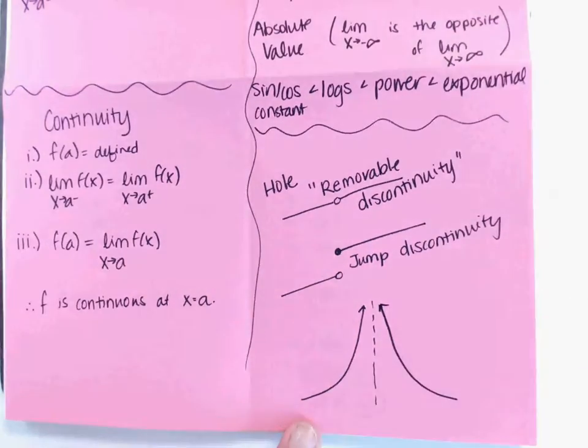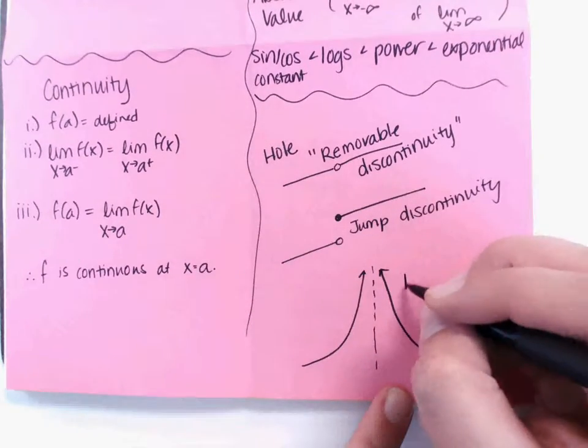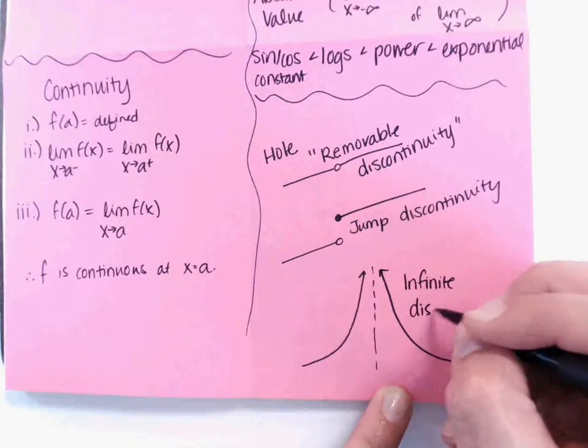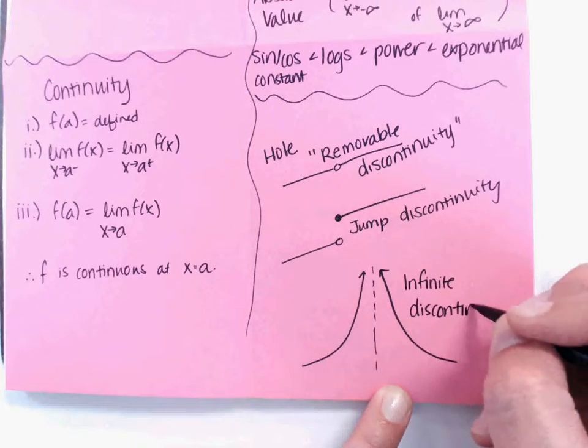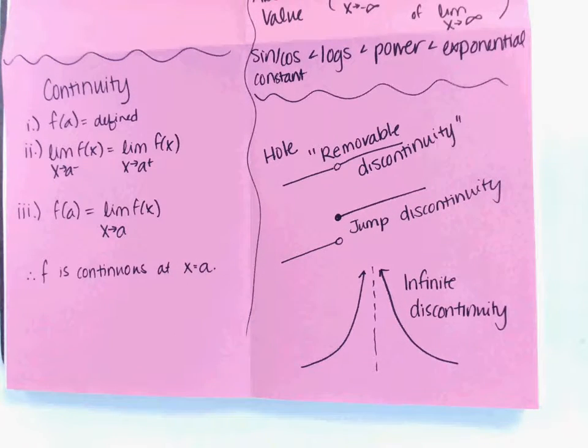So as our graph's getting closer to that line, that's called an infinite discontinuity, because your graph is going to infinity. But remember that for all 3 of those, only one of them still has a limit that exists. Which one? The hole. Very good.